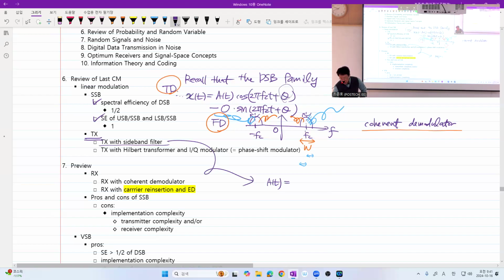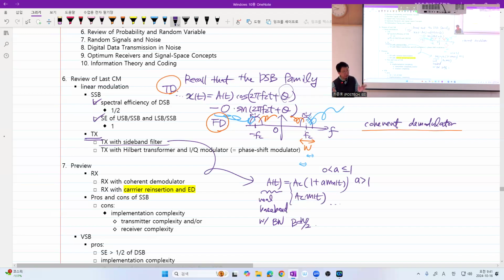It may be something like 1 plus a m_n of t, or it may just be something like this, where A is bounded, or it may be greater than A, depending on your choice, right? But anyway, A is a real baseband signal with bandwidth here, let's say B, which is 1/2 of W, got it?